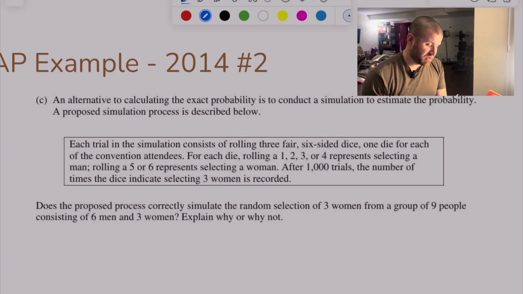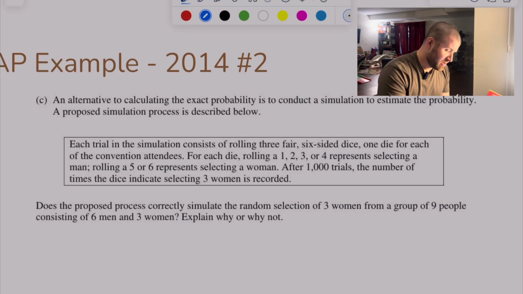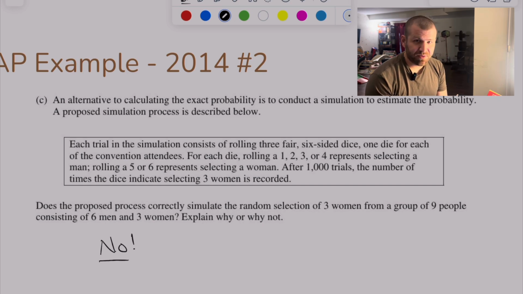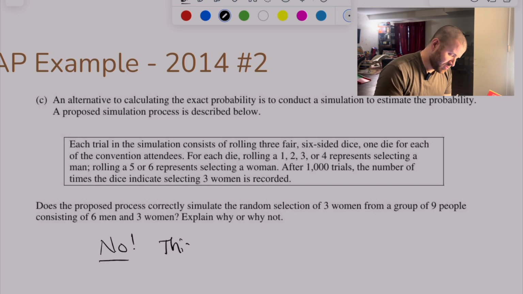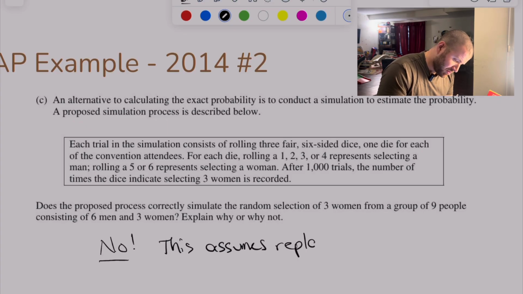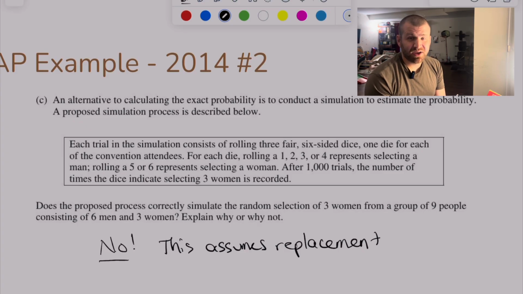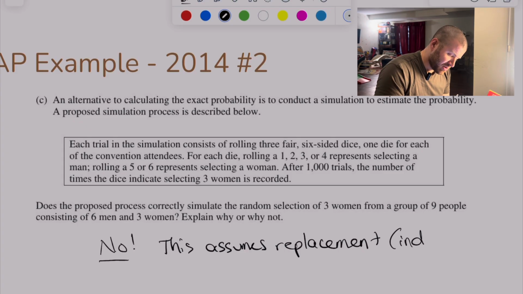Does this actually simulate it correctly? The answer here is still no, because this assumes replacement, right? There's always a 2/3 chance that I'm going to pick a guy, right? Or at least when I say replacement, I also mean independence, right?